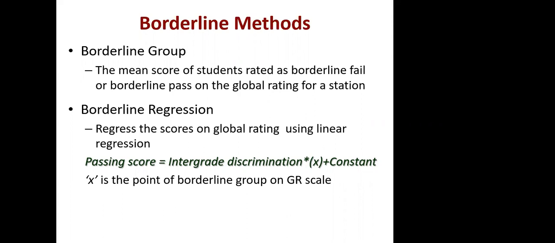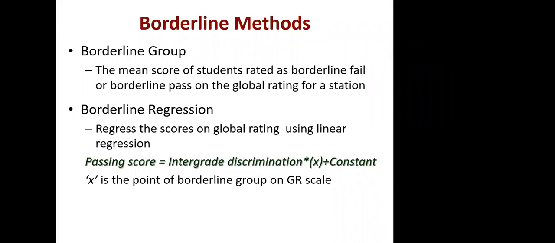So the borderline group method is very practical, very feasible, very easy to follow, and it is validated. However, it has its limitations, because you are only using data of the borderline students.